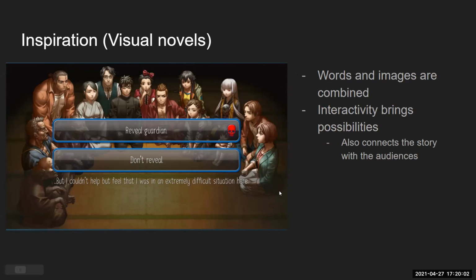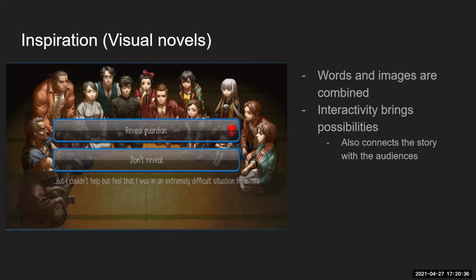And this is a text box here, and usually there will be some descriptive words appearing in the text box just to show what is going on under this background image. And sometimes there will be characters talking in this text box. And up here there are two choice boxes. If you click on one of those, you're gonna link to very different stories.